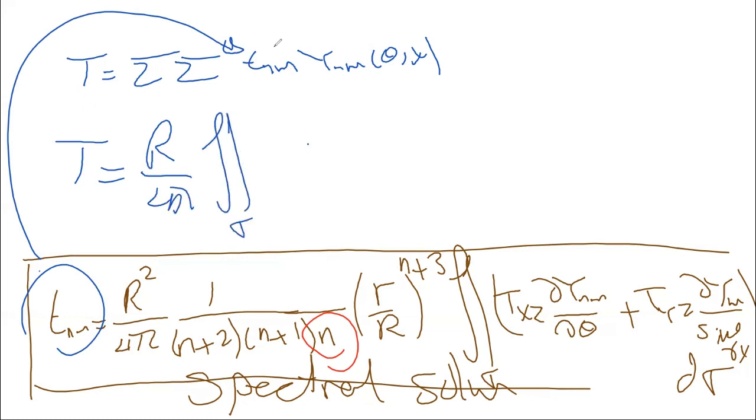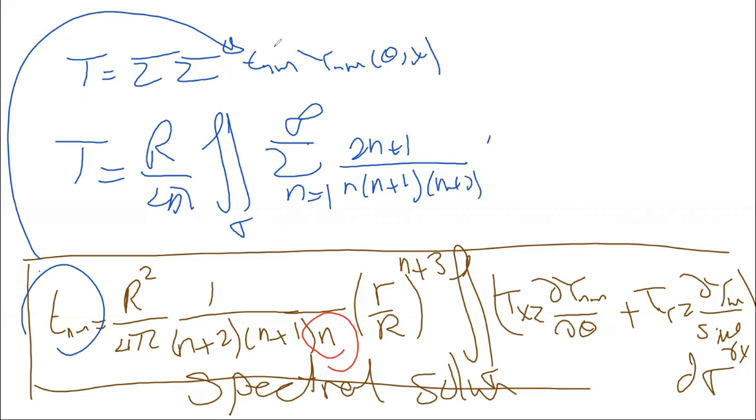If I write it down like this, VB0, n cannot be 0; if I start from 1, then I will have (2n+1)/((n+1)(n+2)) (R/r)^(n+3), and here I will have Pn, the Legendre function of psi.